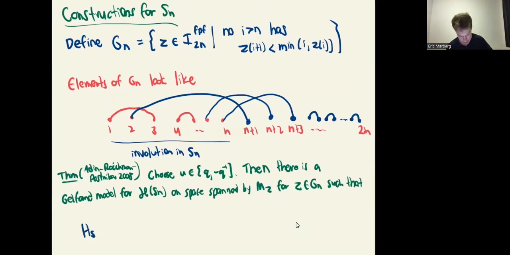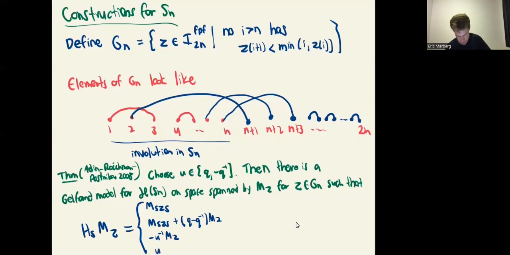So Hs times mz, there will be 4 different cases. So we either get mszs or we get mszs plus q minus q inverse times mz, or we get minus u inverse mz, or we get u mz. And at the end of this, this is going to be for s equal to this particular simple transposition, I, I plus 1.